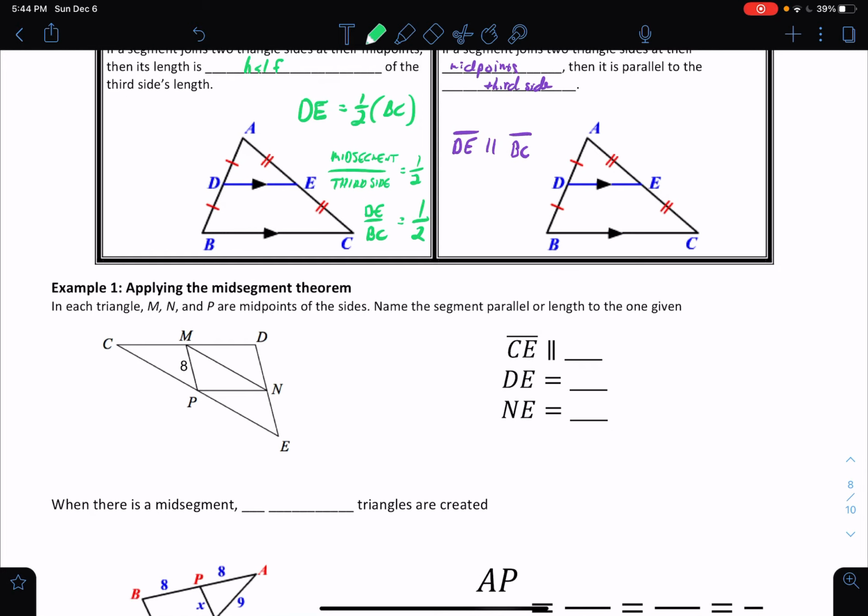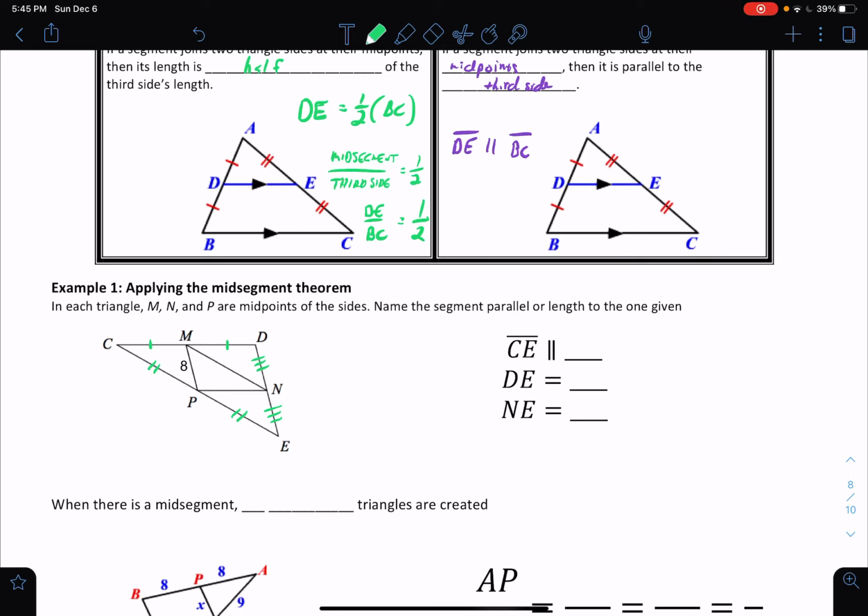In each triangle, M, N, and P are midpoints of the sides. So M is a midpoint of CD, which means it breaks that into two equal parts. P is a midpoint of CE, breaking that into two equal parts. And N is a midpoint of DE, making those two parts congruent.